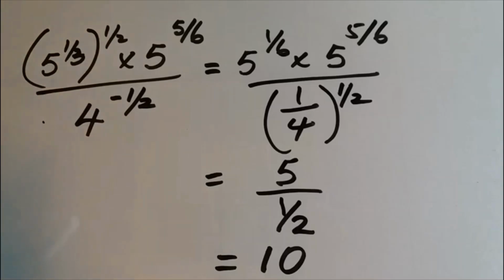In the denominator, we want to evaluate a positive index, so we take the inverse of 4, which is a quarter, and now we have a positive index, which is to raise a quarter to the half, which means taking the square root of both the numerator and denominator, and that gives you a half. So we have 5 divided by a half, it gives us 10.